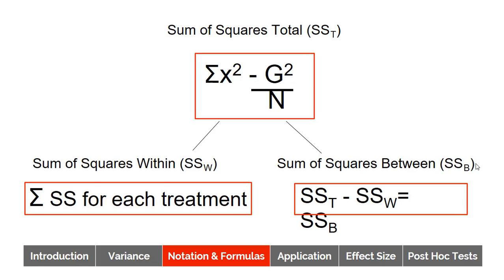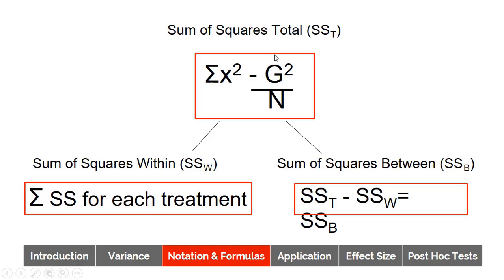And this is what our sums of squares formula looks like. This is probably the newest thing that you're going to be exposed to, and maybe the thing that it's not hard, but it's just going to require a little bit more thought. To find the sums of squares total, we're going to sum up every squared score. So we take every score in the group and we square it.